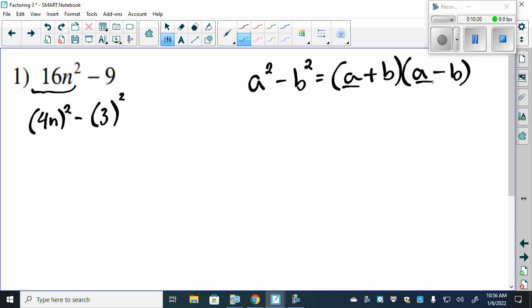So here, we're going to be plugging in 4n, as it's our a squared, so a is 4n. And in this case, b would be what? B would be the 3. Because a squared minus b squared, a and b are 4n and 3. So really we could say that this is 4n plus 3 times 4n minus 3.